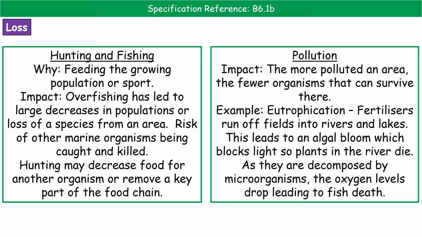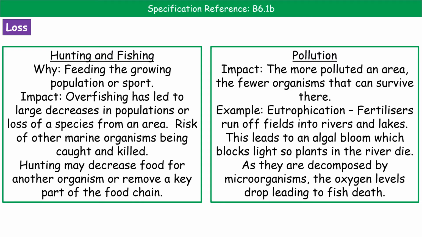Fourth problem we have is pollution. General rule of thumb is organisms don't like pollution. So the more polluted an area, the fewer organisms that can survive there. A good example of this is the process of eutrophication. Eutrophication occurs when the fertilizers we use on farmers' fields run off into rivers and lakes. As a result, that water has a whole load of fertilizer.